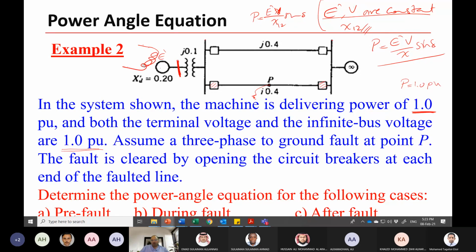Later, when we go deeply into synchronous machine modeling, you will find out that this E prime also has some dynamics. But for these transient stability problems, we assume that the E prime is constant, the flux is constant, and we rely on this equation.